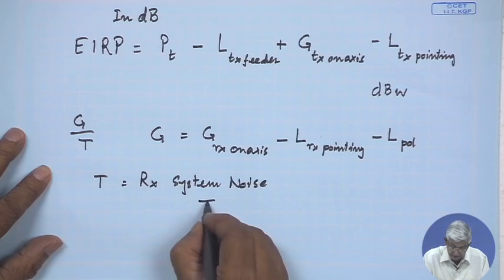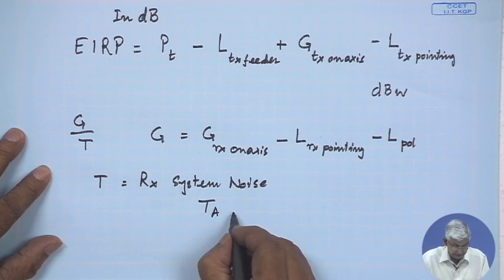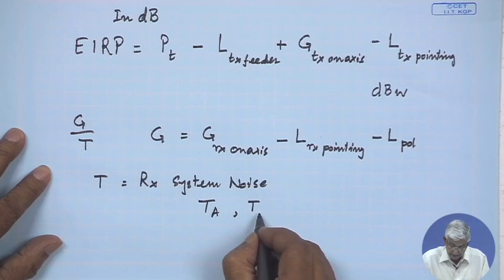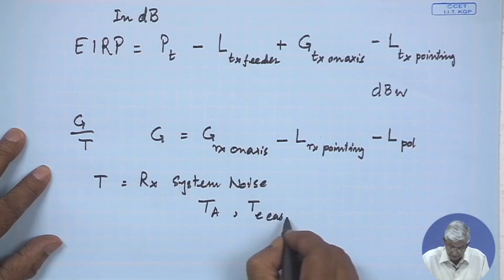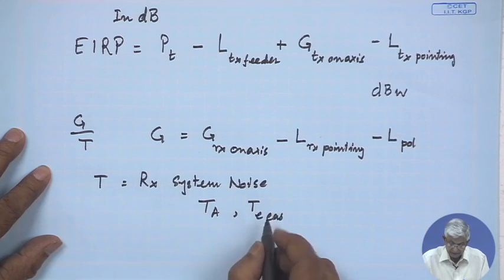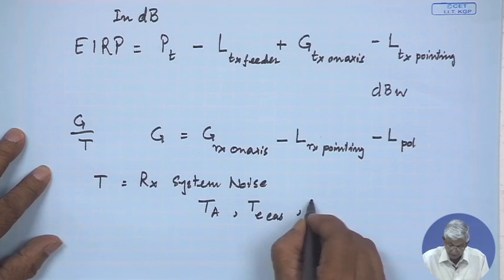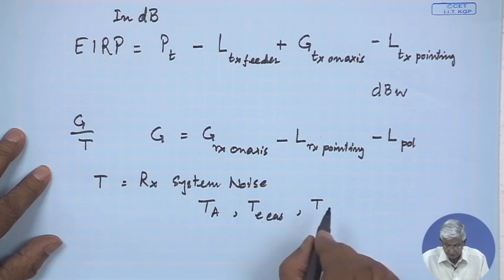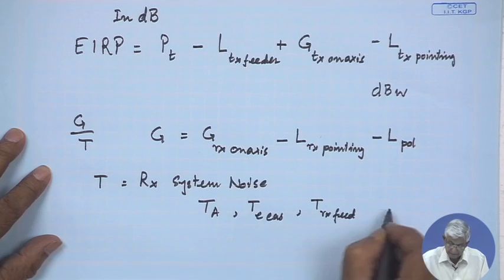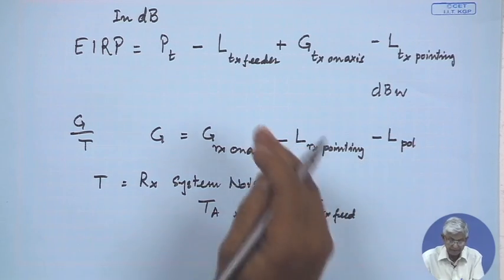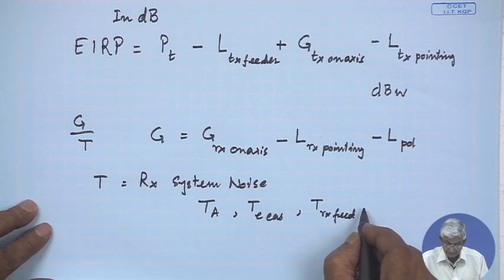That includes the antenna noise received, the cascaded receiver subsystem noise, the effective noise temperature, and the antenna-to-receiver feeder temperature, which will appear as a loss.